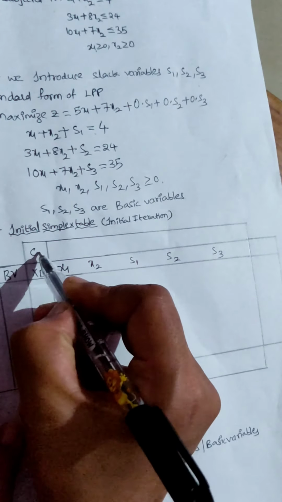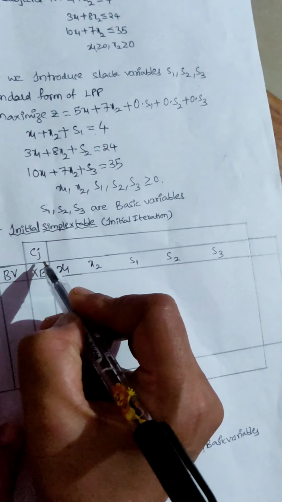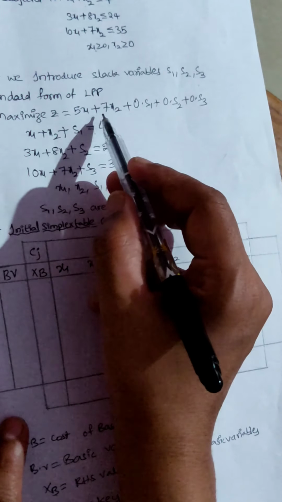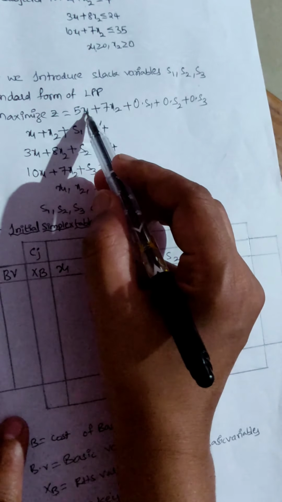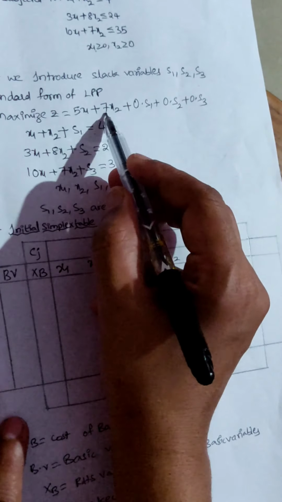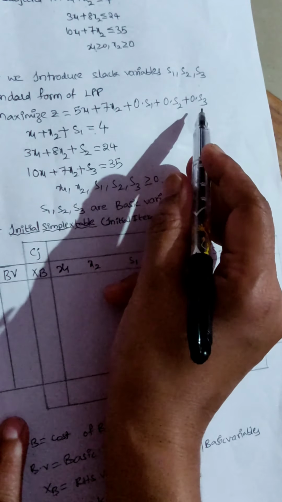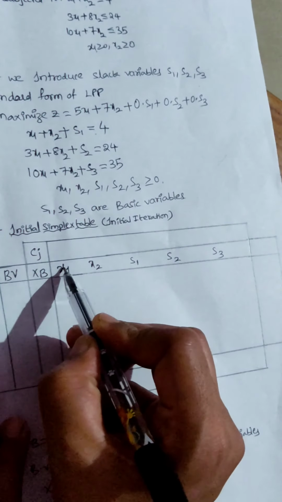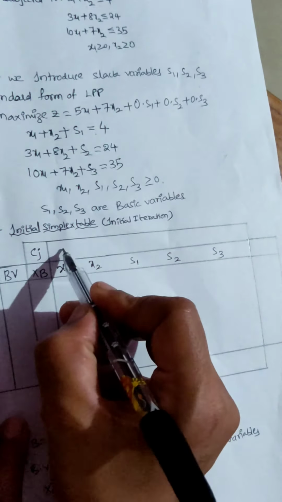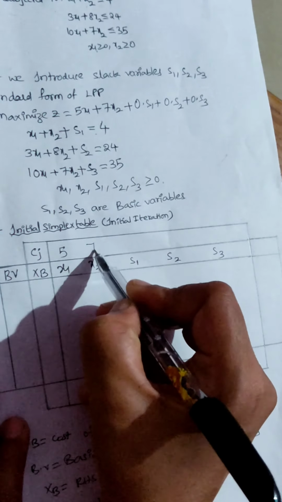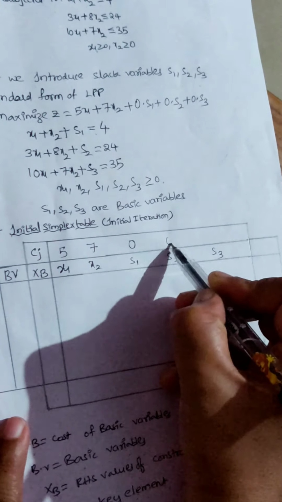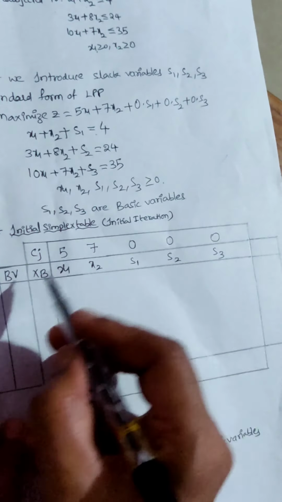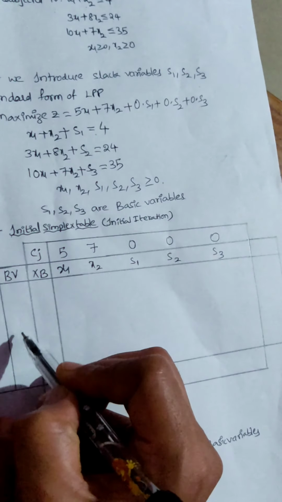Next write the Cj. Cj means the coefficients of the objective function variables: the coefficient of x1 is 5, x2 is 7, s1 is 0, s2 is 0, s3 is 0. Write the same coefficient values from the objective function here. After writing these coefficient values, write the basic variables.